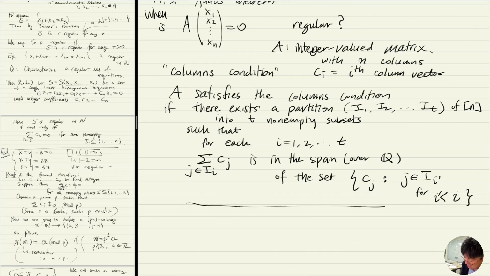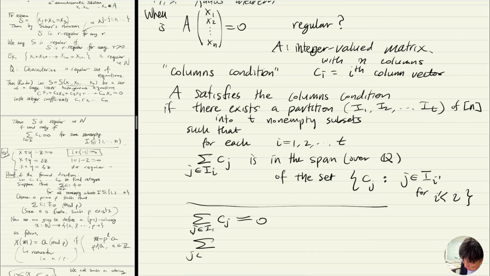So for instance, the sum of the vectors in I1 is in the span of the empty set, right? So this has to be 0.